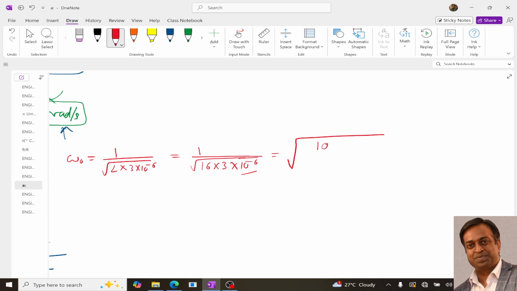It can be taken in the numerator. So, 10 power 6 upon 16 into 3, and this can be written as, since it is under root, 10 power 3 upon 4 root 3.